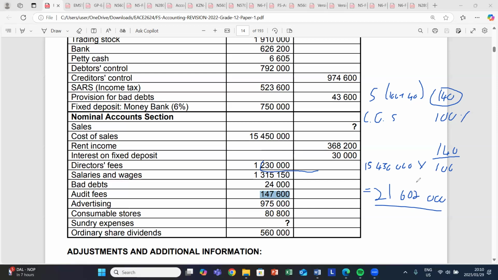So 15,450 multiplied by 140 divided by 100. So how much do you get?